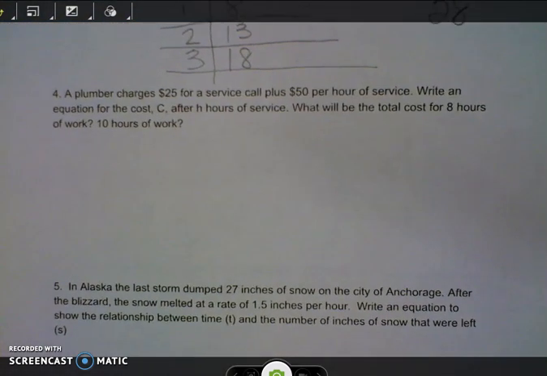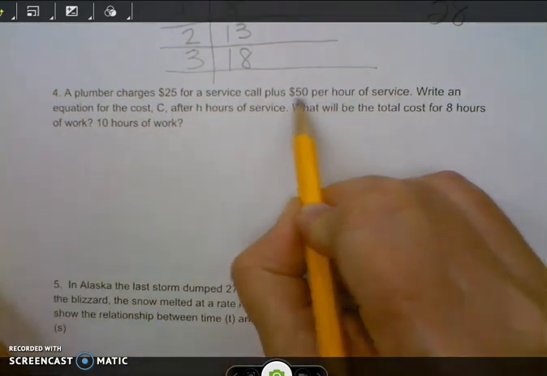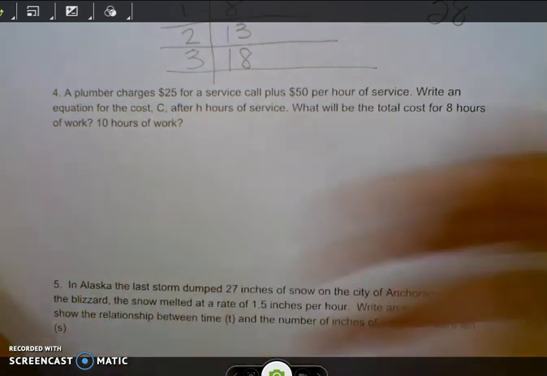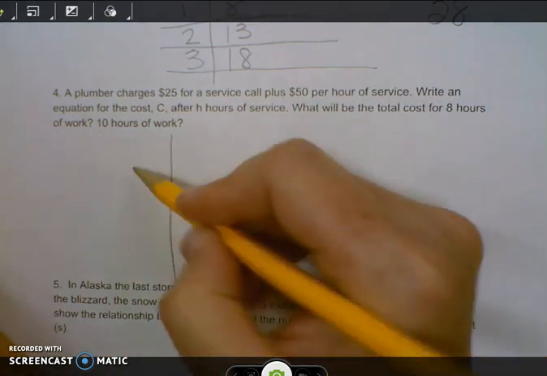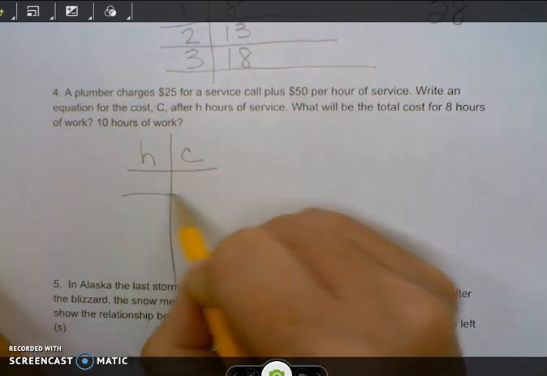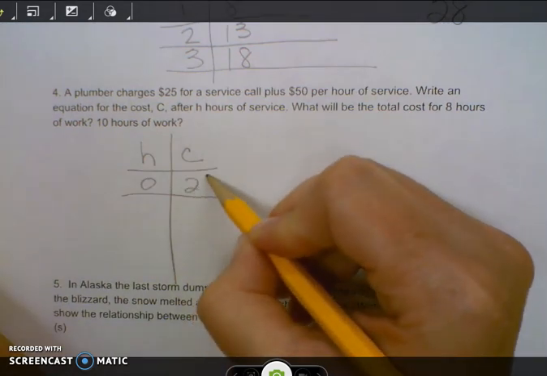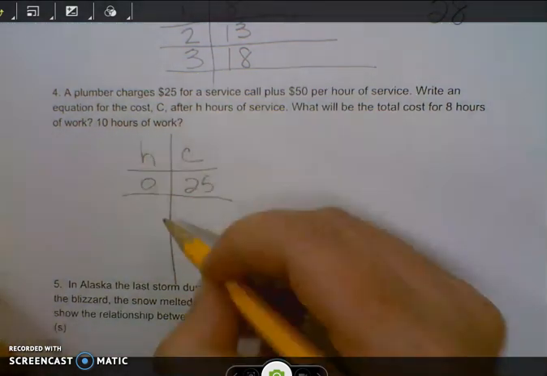Number 4, a plumber charges $25 for a service call plus $50 per hour. So again, we've got hours and cost. If he just comes out to your house and works no hours, he's still going to charge you $25 for that service call.